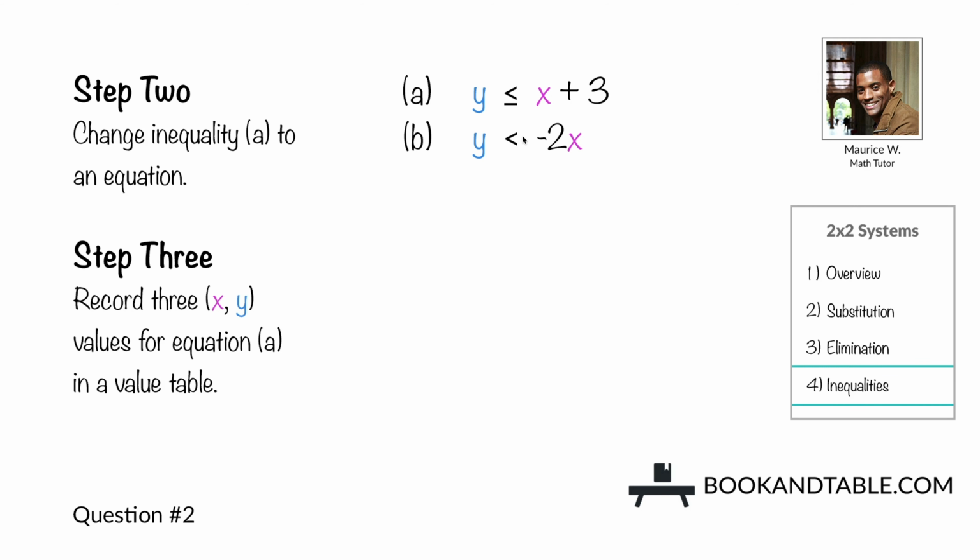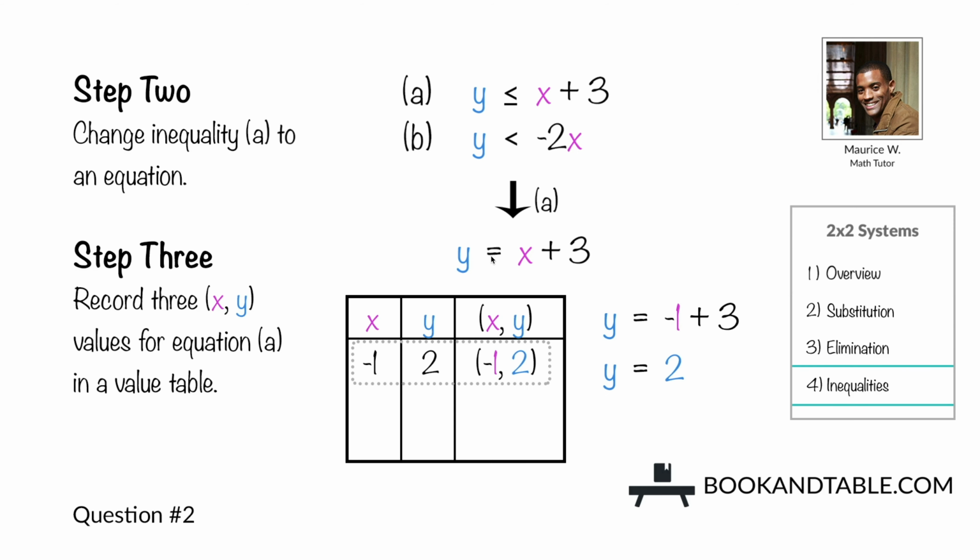Step 2, change inequality A to an equation. So we change less than or equal to an equal sign. And now we want to plug in negative 1, 0, and positive 1 for x, and then write down the corresponding y values. So when x is negative 1, we get y is equal to negative 1 plus 3, which is positive 2. So that's the first point in this value table.